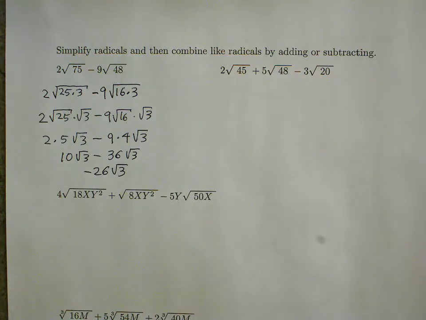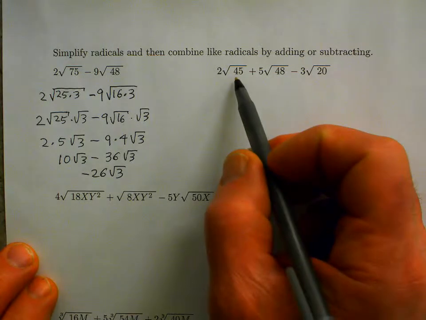If you haven't answered the question, go ahead and answer. Okay, the largest factor of 45 that is a perfect square is 9.